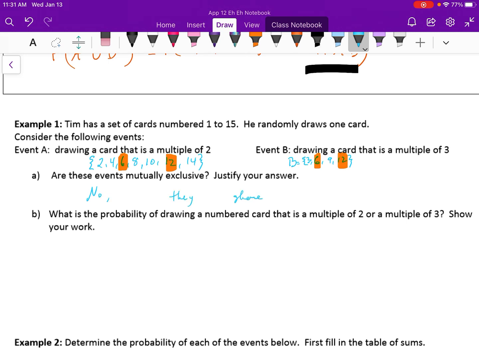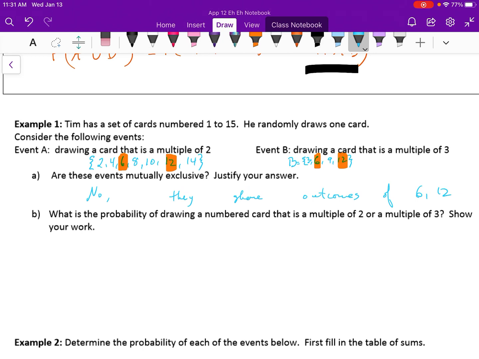Definitely not, because they share outcomes of 6 and 12. In other words, events A and B can happen at the same time. What is the probability of drawing a card that is a multiple of 2 or 3?